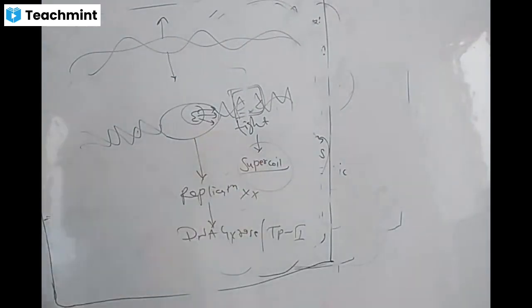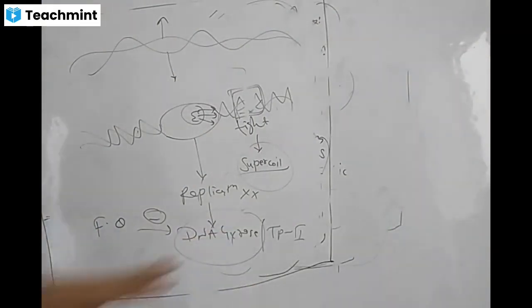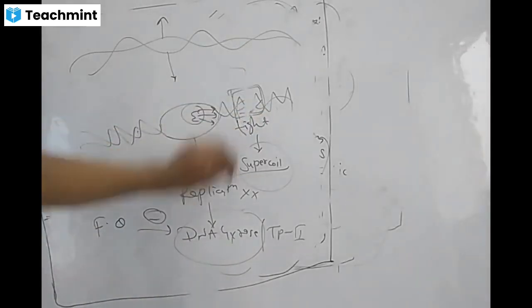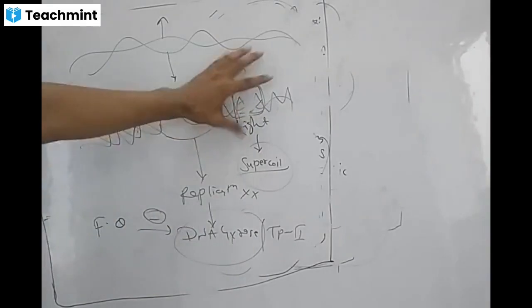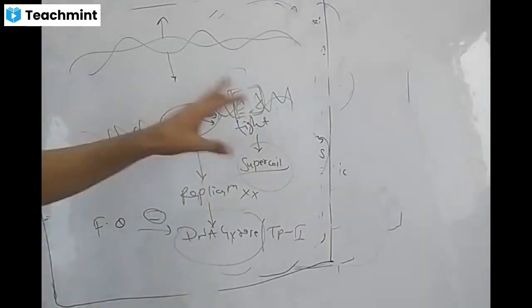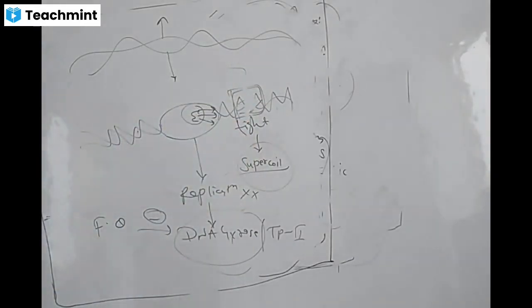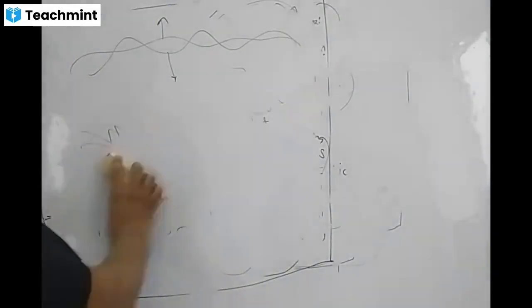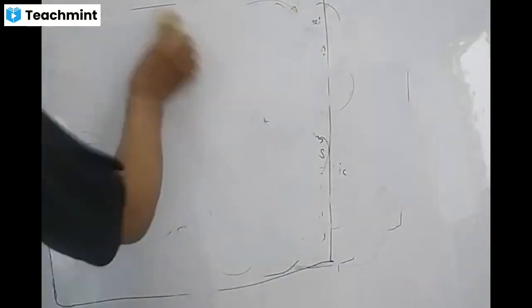So in case of fluoroquinolones, what they do, they inhibit this enzyme. Fluoroquinolones inhibit your DNA gyrase. Then the DNA gyrase will not be able to open the DNA or remove these supercoils. Then replication will stop and there is death of the bacteria. If there is death of the bacteria, we call them bactericidal drugs.